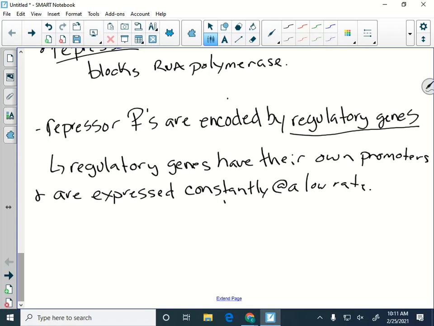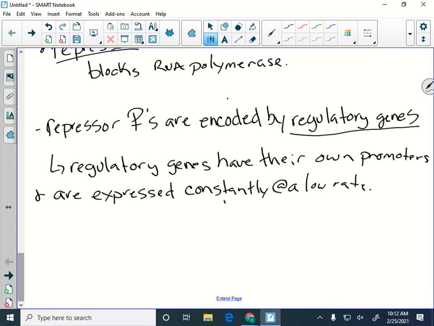So, the synthesis of these repressor proteins is always going on. But that doesn't mean that the trp operon is constantly repressed. That is because of two things.